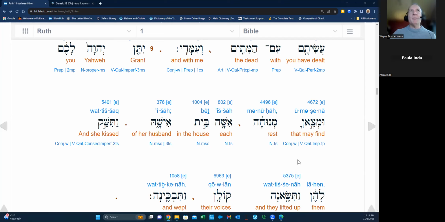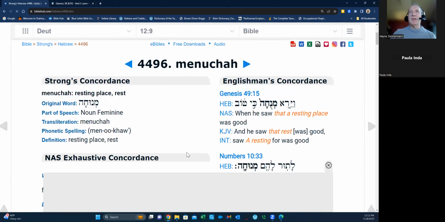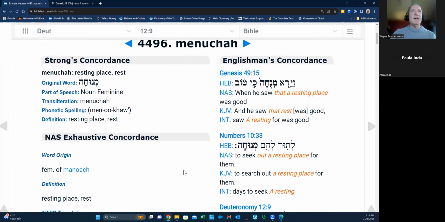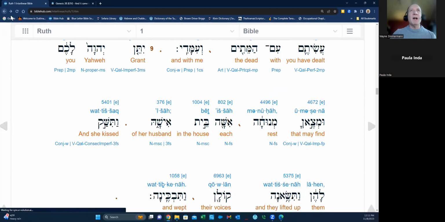And so she says to them, may Yahweh grant you rest. Well, as we know from Hebrew, rest is like a Shabbat. There are different types of rests. And so this rest here is a different type of rest than we normally see talked about, like for the Sabbath day rest. This is more of a rest of finding a place to set yourself.